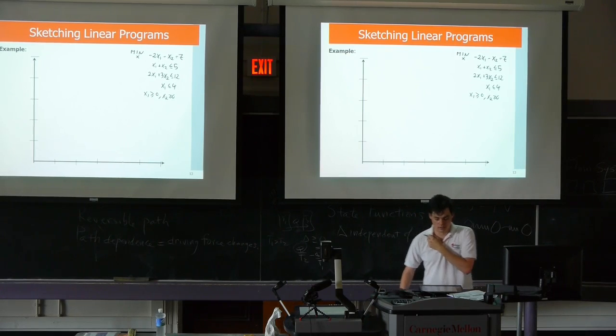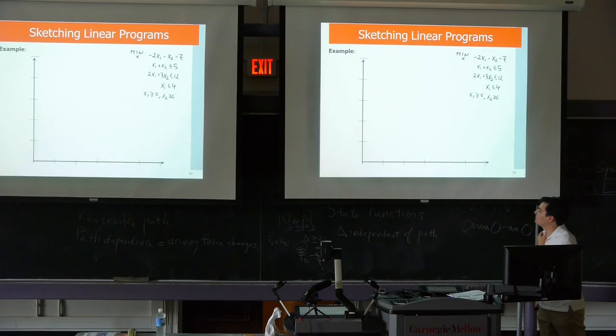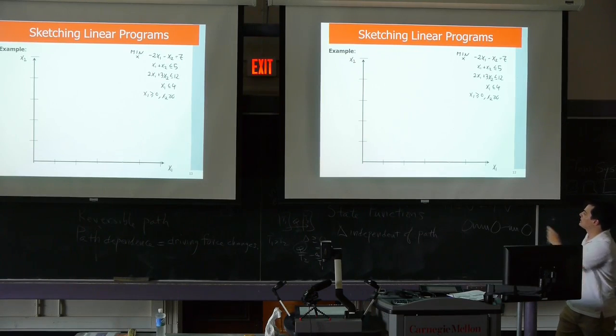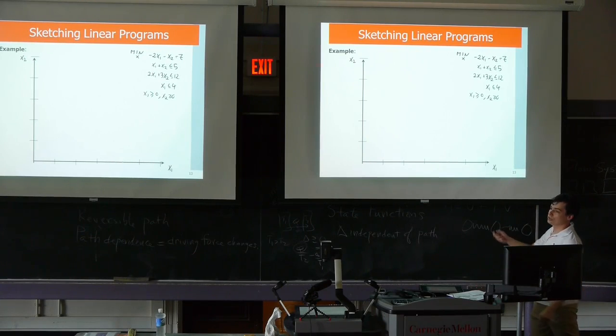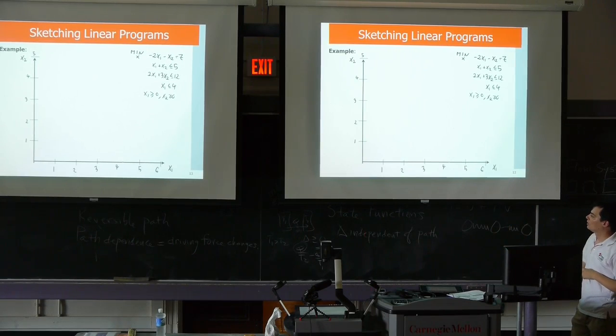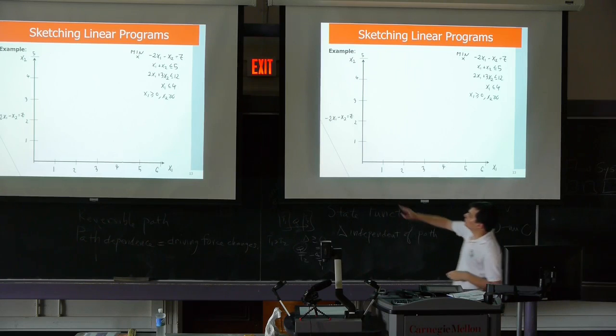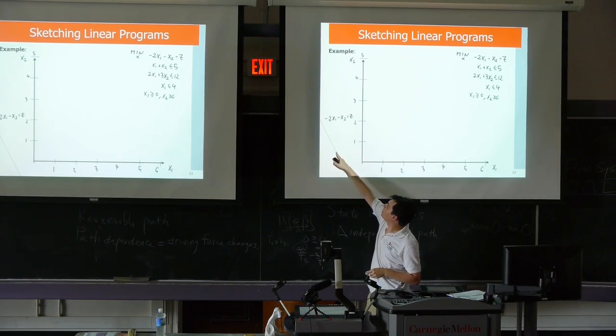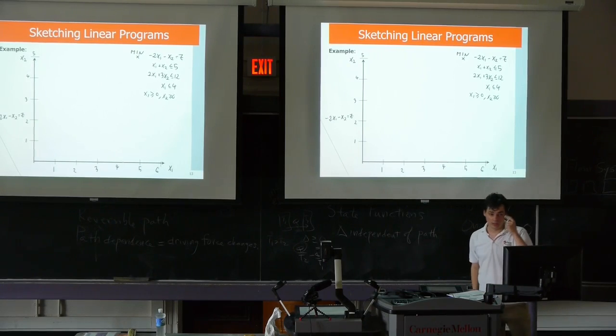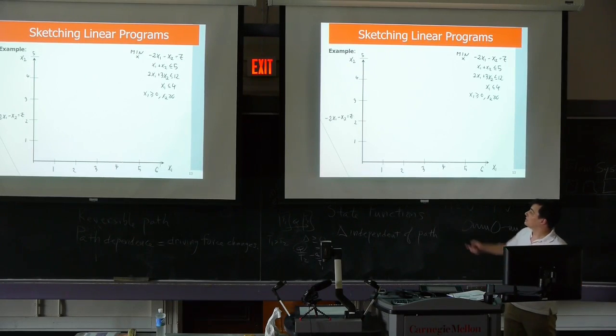So here is a coordinate system, and let's see what happens. This is x1, that one is x2. And this is my cost function, minus 2x1 minus x2 is z. So this is what we want to minimize.